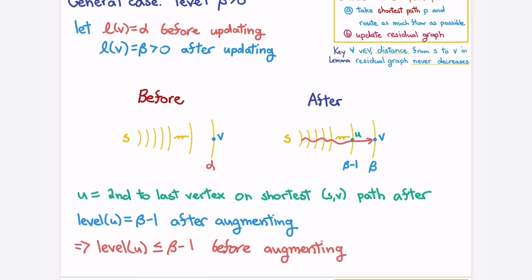You want to argue that's exactly beta minus 1 before? Well, maybe you could have been very close, and it could have been on the shortest path, and then deleting this edge could have been very important for you. There's nothing about the edge uv.